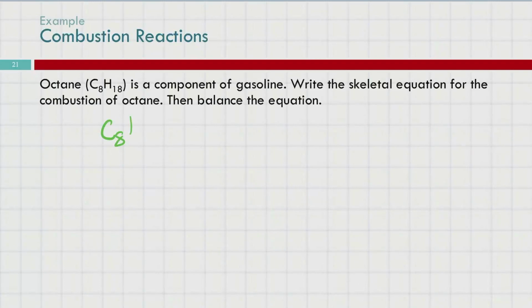So we're given C8H18. You would need to know that O2 is a reactant, and the products of combustion, assuming everything goes perfectly, which they almost never do, are CO2 and H2O.